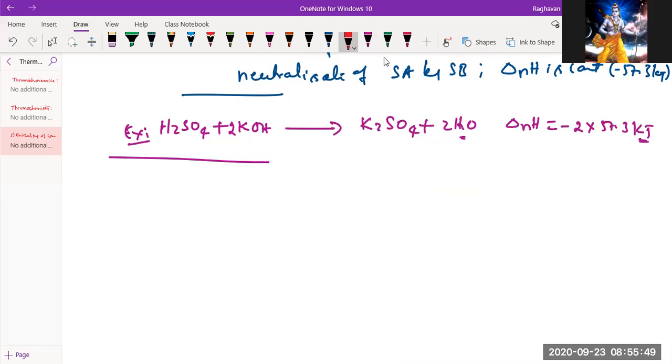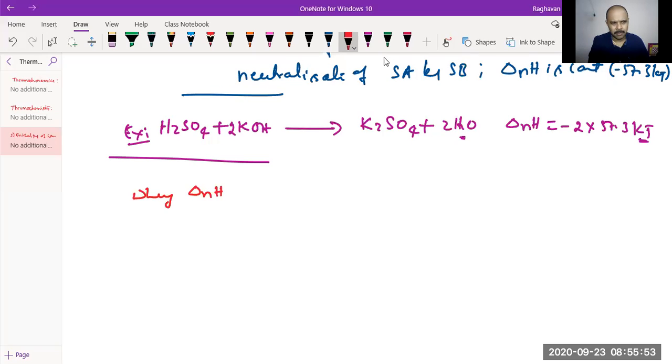Why is it not constant for weak acids? Enthalpy of neutralization, I would better say heat liberated, because enthalpy of neutralization is negative.